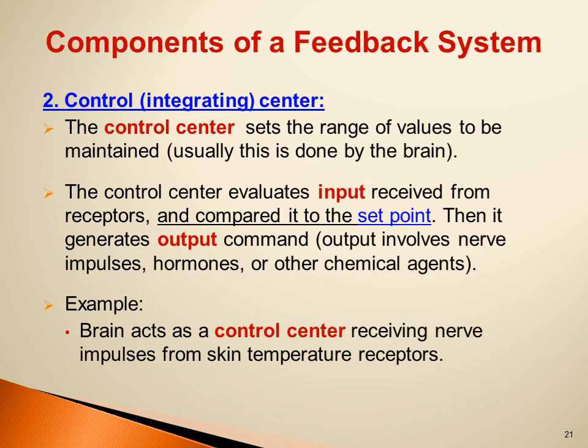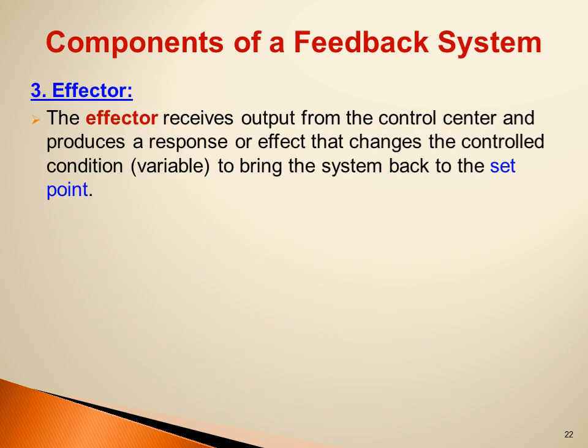Examples: the brain acts as a control center, receiving nerve impulses from the skin thermoreceptors, or the skin temperature receptors. Finally, the last component of a feedback system is the effector, the organ that gives me the response to the stimulus.